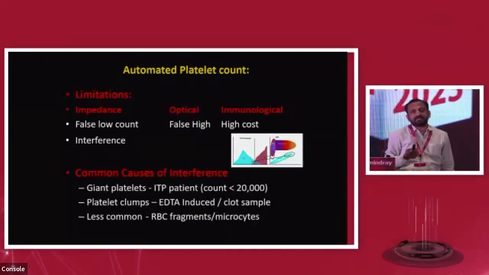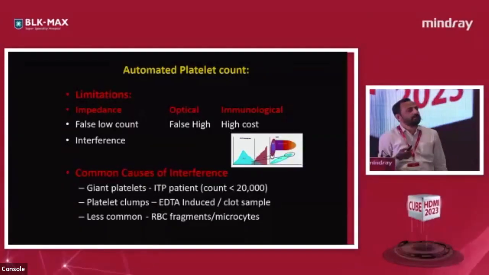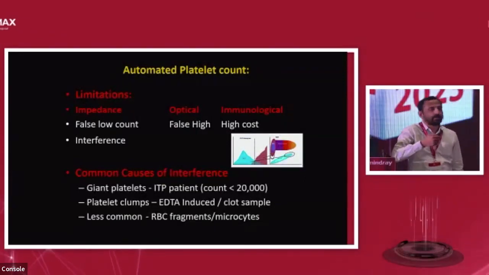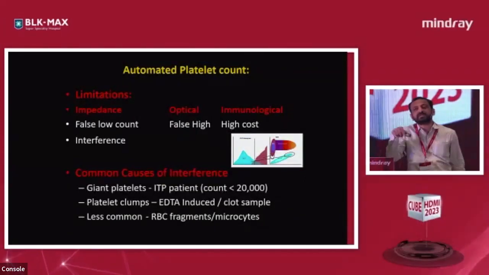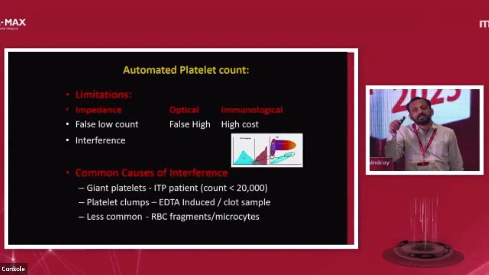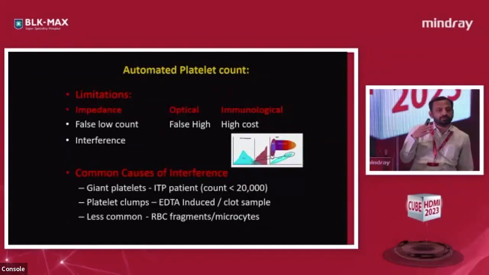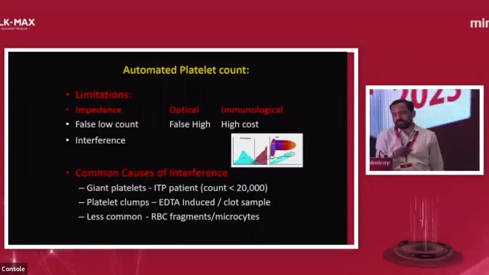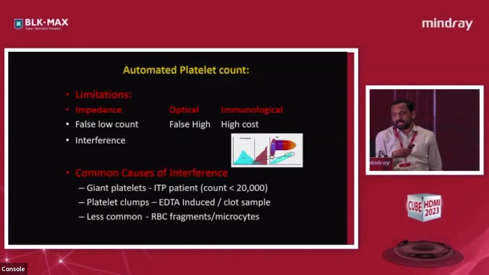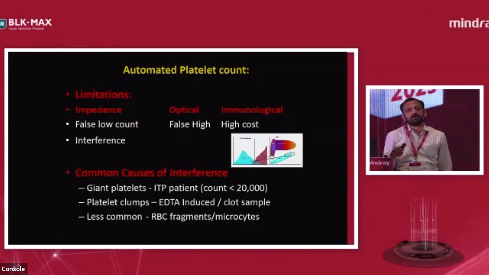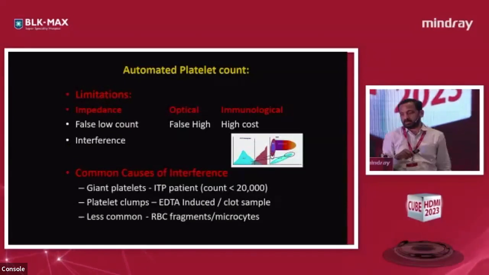In optical methods, falsely high counts can occur since the discriminator on the fluorescent channel is set on the lower mode, so small platelets are counted and you can get a falsely high count. And of course, the drawback of the immunological method is the high cost.